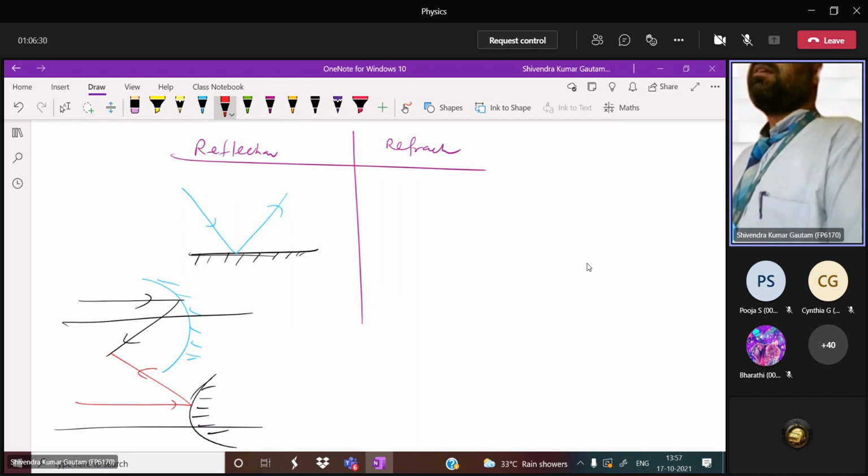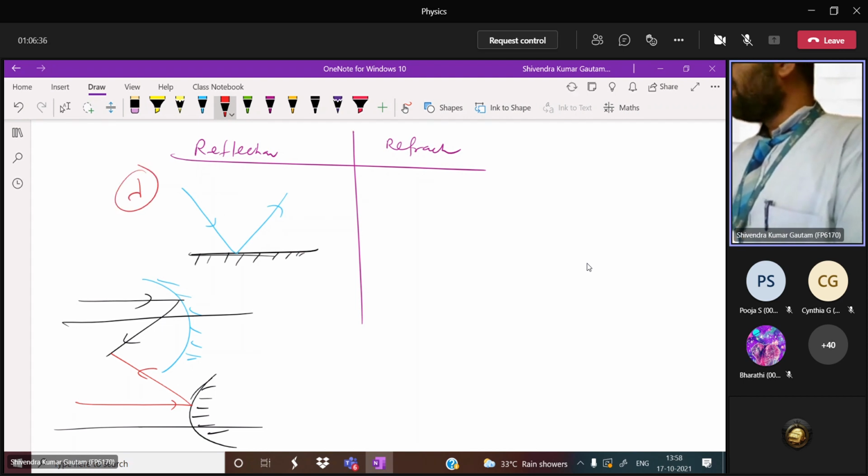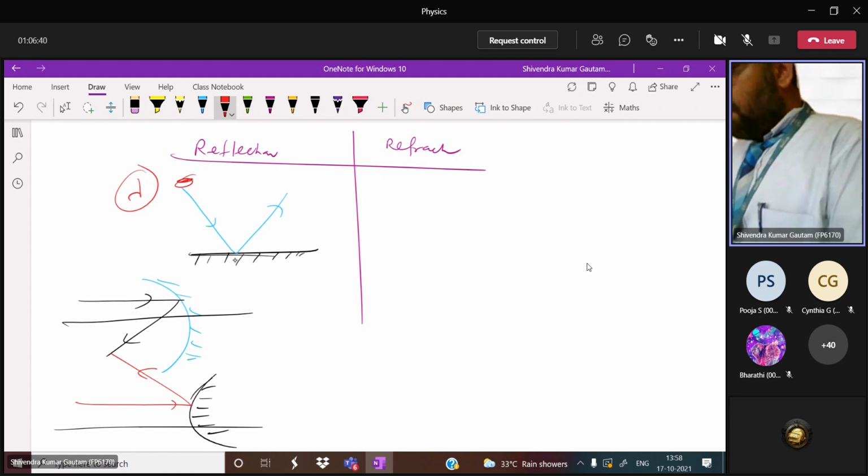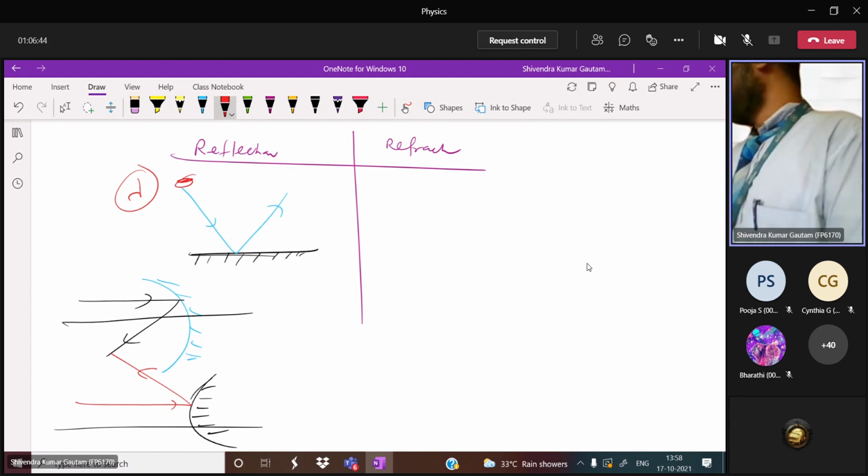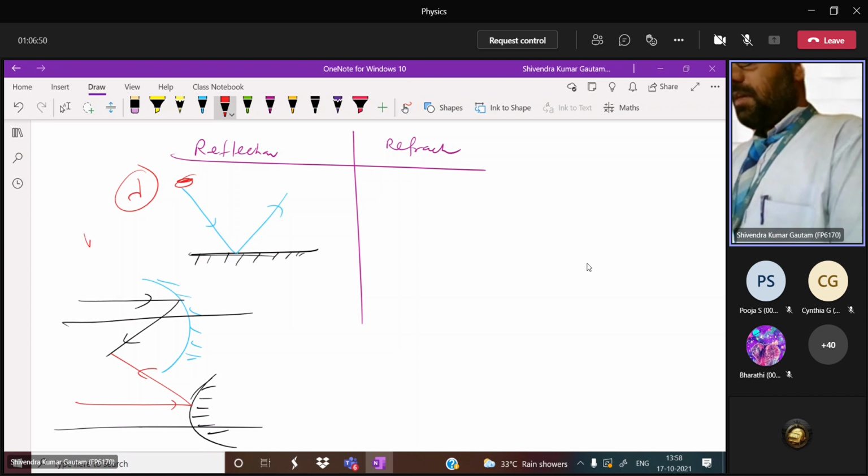So first tell me, does the medium change or not? No. Between incidence and reflection, the medium does not change. Medium not changing means lambda will remain the same, or not? Is the source the same or not? For the reflected and incident ray, both are part of the same source, right? So the source not changing means frequency also does not change. See, v equals f lambda.